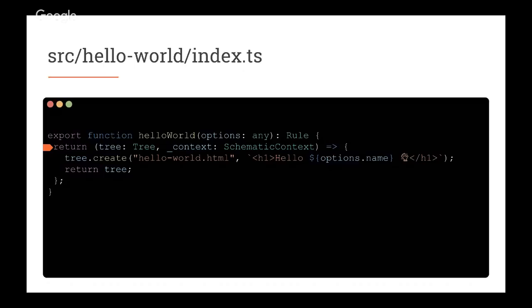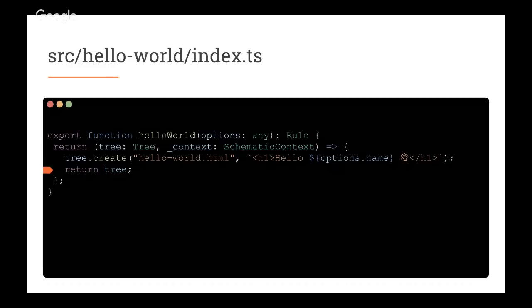So your schematic is going to read the file system, and then it's going to give you a representation of that in the form of a tree. And then we have a number of methods off of that tree that we can do things with. So in this example, there's a create method. You pass it a file name and then the contents that you want for that file name. And so we make that create call, and then we return the tree. So that's a very simple schematic there.